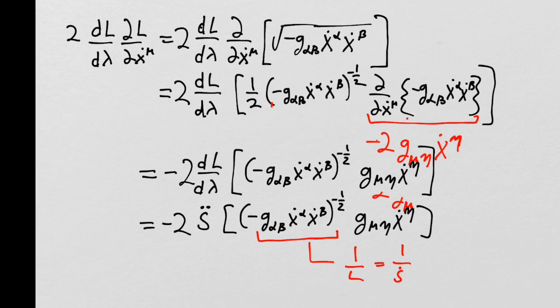So that actually can come out and give us minus 2 s double dot over s dot times g mu eta x dot eta. And so that is the expression. That expression, it's close to the end, but remember, it's only just a piece. This is not easy. This is a long calculation, but this here is what we're going to write this as.